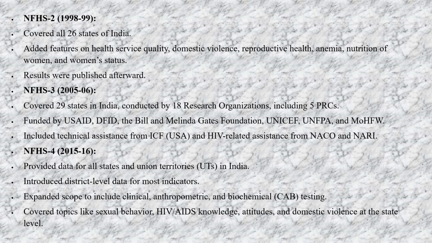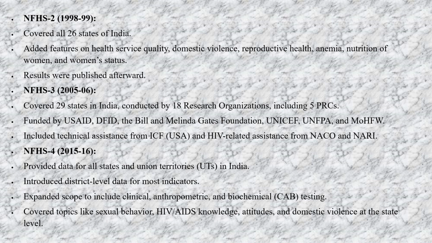NFHS 2, 1998 to 99. Covered all 26 states of India. Added features on health service quality, domestic violence, reproductive health, anemia, nutrition of women, and women's status. Results were published afterward. NFHS 3, 2005 to 2006.